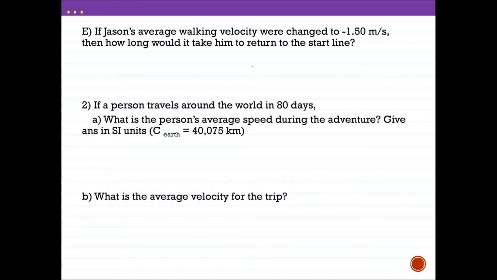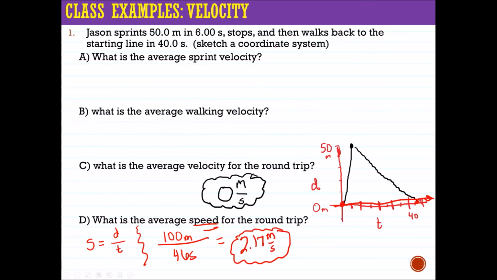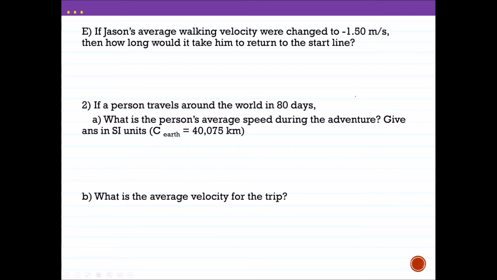If Jason's average walking velocity were changed to negative 1.50 meters per second, then how long would it take him to return to the start line? So previously, his walking velocity was negative 1.25 meters per second. Did his speed increase or decrease?